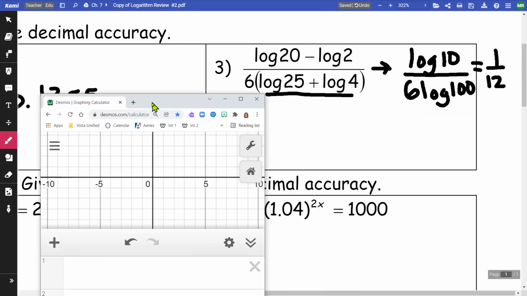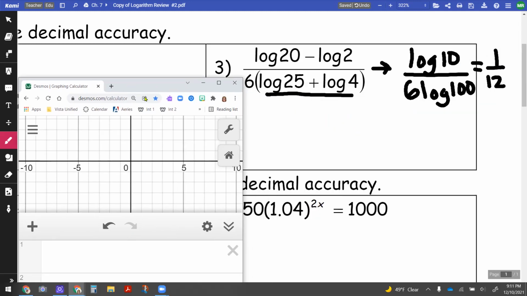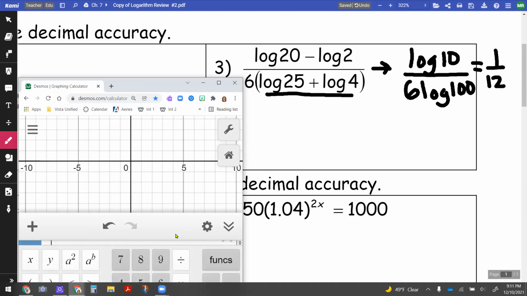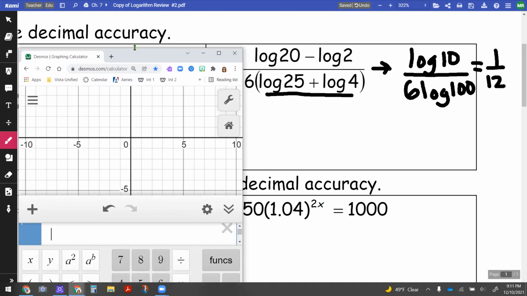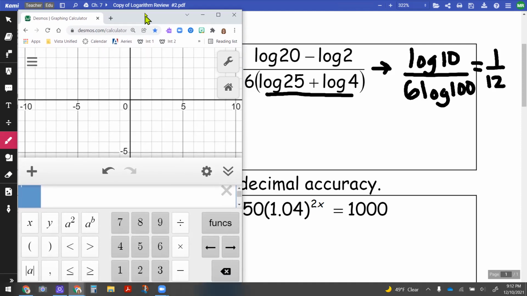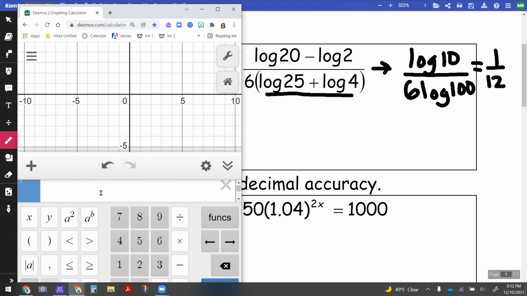So when I'm doing this, I'm going to type in, let me just get my fraction, log of 20 minus log of 2.